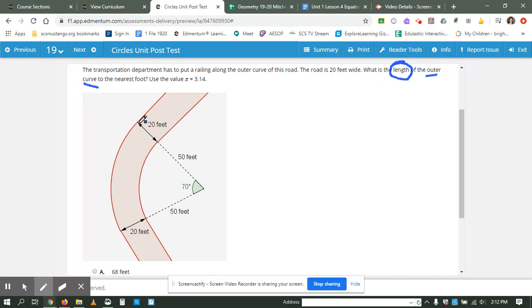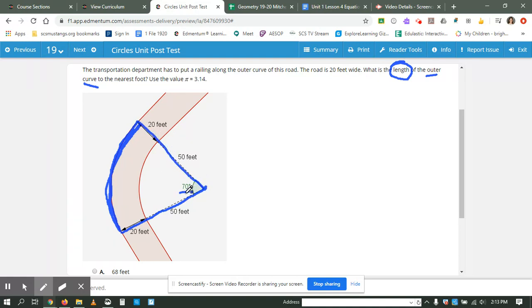So if I go look at what we've got, this is the outer curve. If we were to continue that, we would end up with a circle. So we're looking for the length of a part of a circle. So this is arc length is what we're looking for. And so if I create my radius, there's our radius right there.